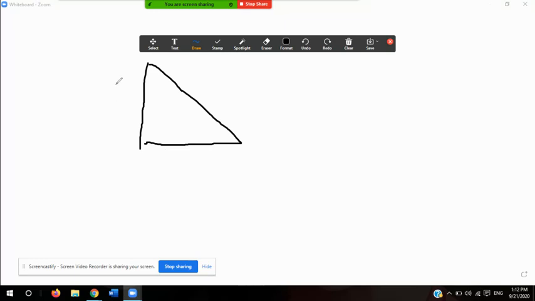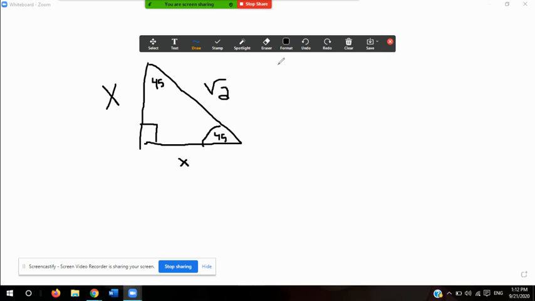We have x, we have x, we have the square root of 2, and we have a 45 degree angle here, and we have a 90 degree angle here, and we have a 45 degree angle here, and we're being asked to find the 6 basic trigonometric functions.